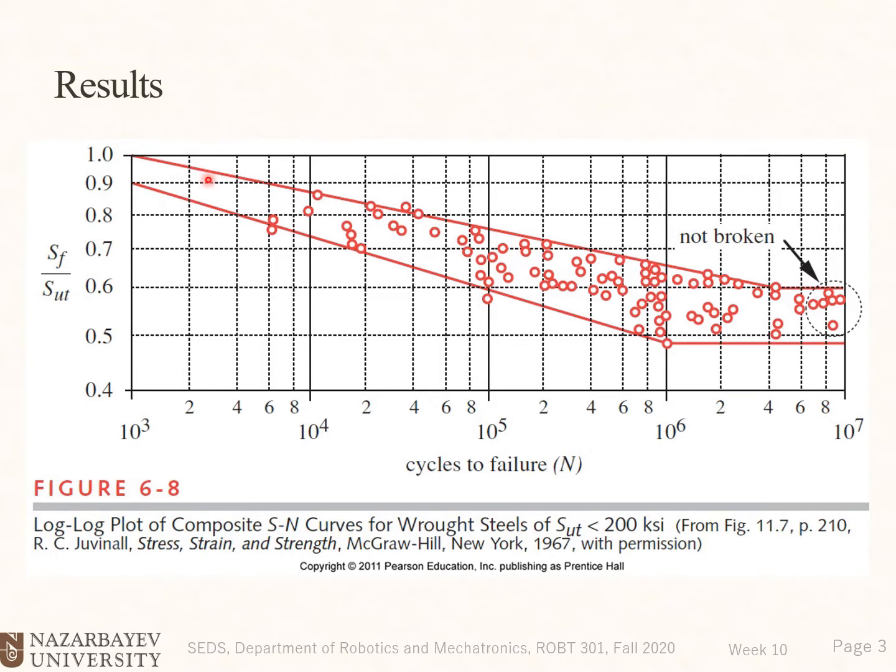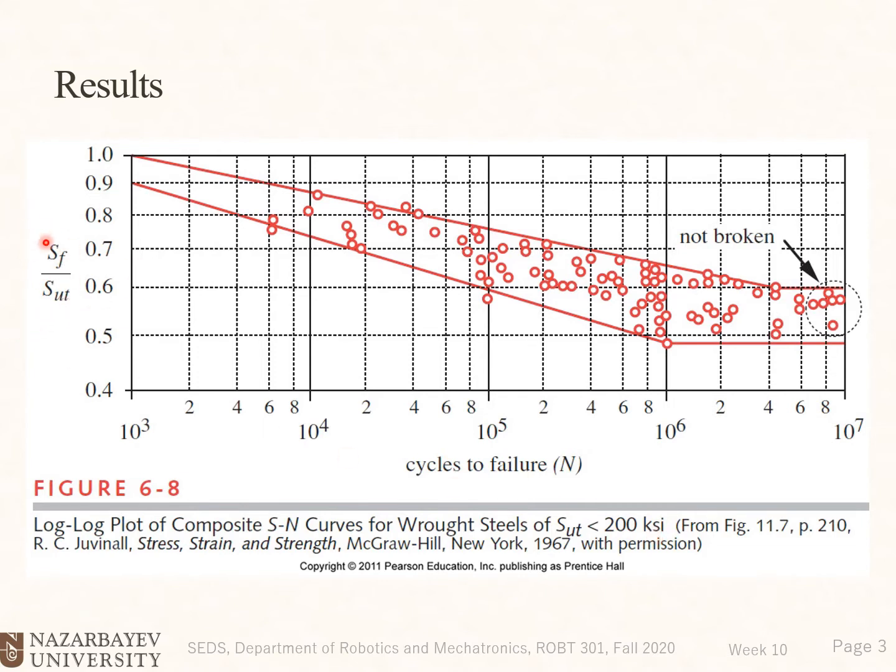And you see that these are experimental data and are scattered between the lower and the higher band. This specific one is for the rotating steel, okay, so it's steel with the ultimate tensile strength of less than 200 KSI.